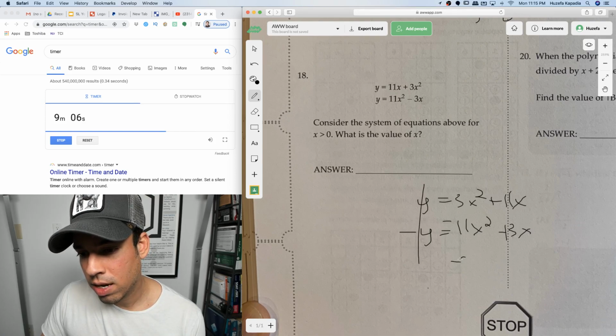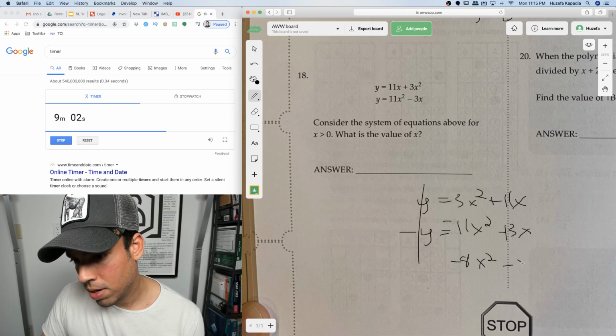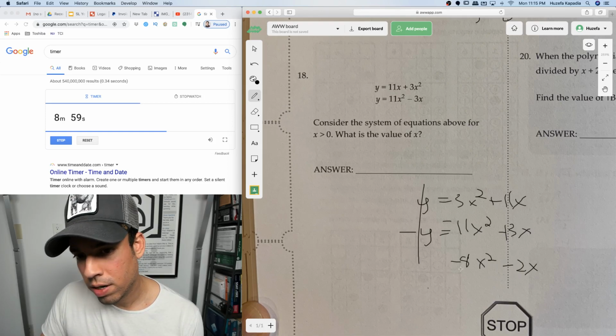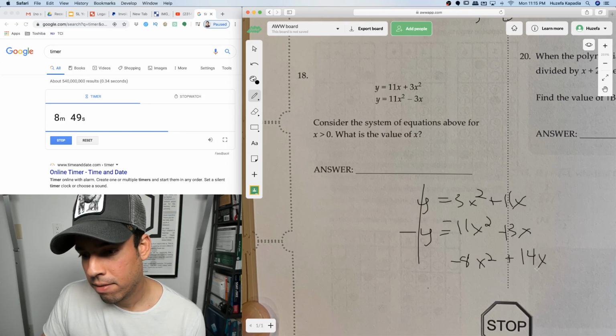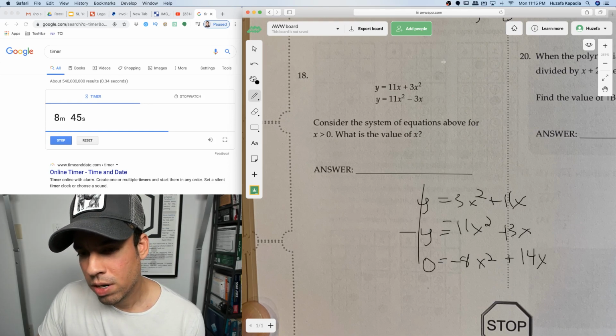We get negative 8x squared minus 2x, right? Oh, sorry. No, that's plus 3x plus 14x. Yeah. And then it equals 0. So let's write it up here. Hold on. Then I have negative 2 times 4x.